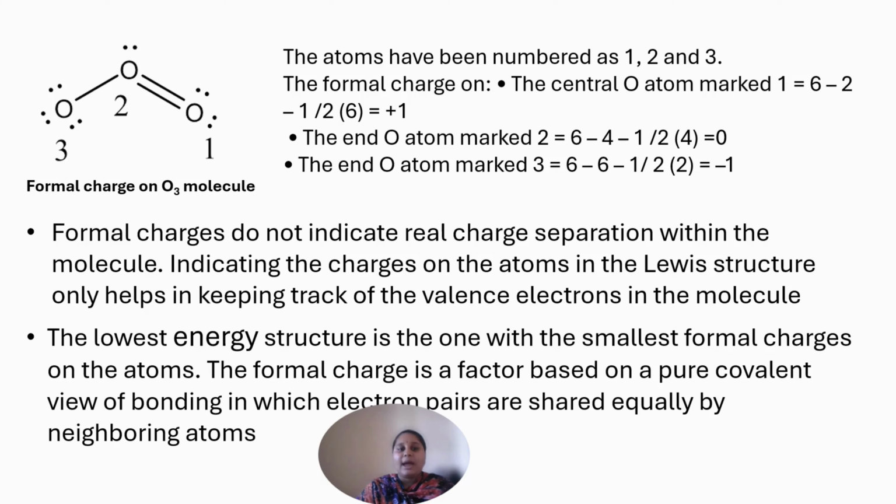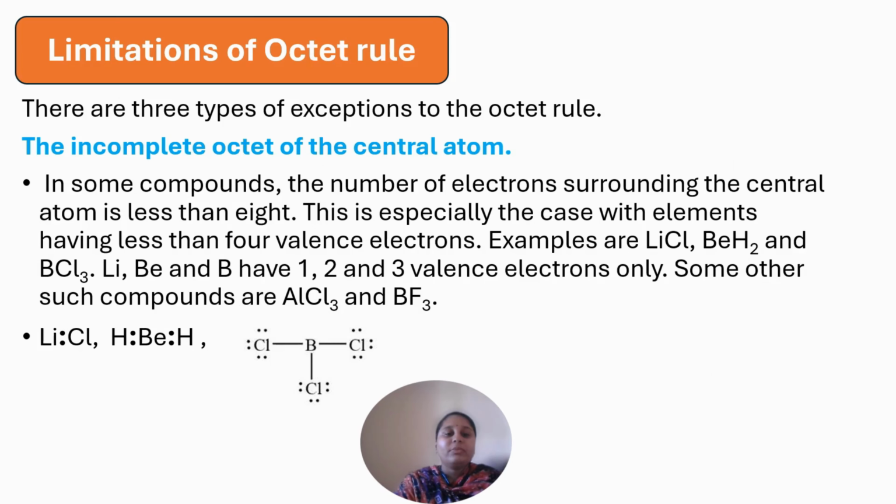So what are the drawbacks of this octet theory? The octet rule is based upon the chemical inertness of the noble gases. But there are exceptions among the noble gases, for example, xenon and krypton, which combine with oxygen and fluorine to form compounds like XeF2, KrF2 and XeOF2.